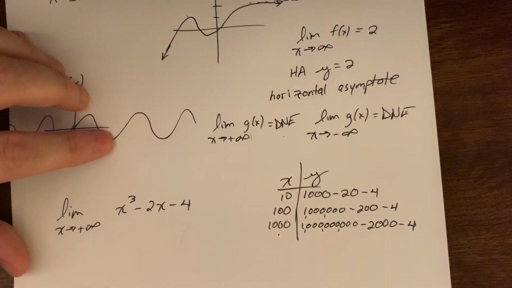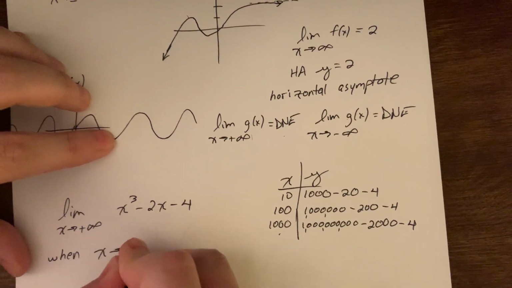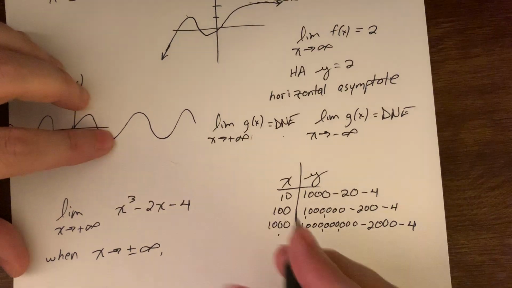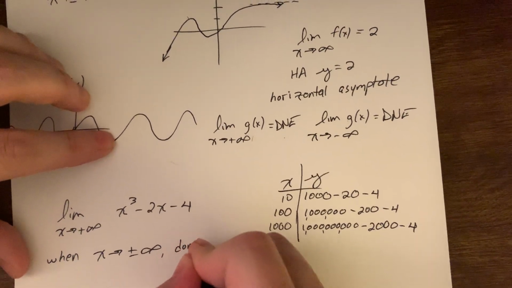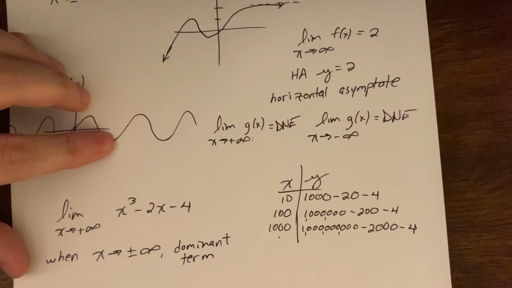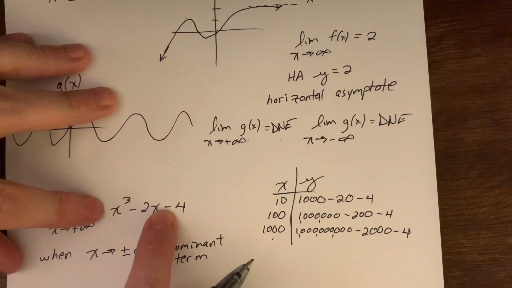So this is, again, a very special case. When x is approaching the infinities, we could basically focus, this is an informal term, I call it, we could focus on the dominant term. So that doing this limit problem, I really don't have to care about these at all.